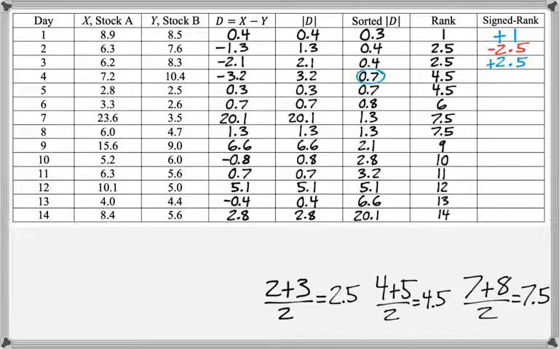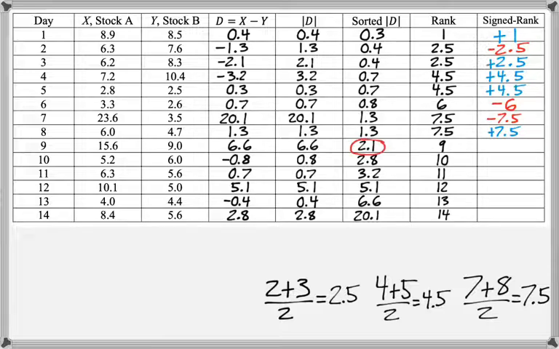Both 0.7s were positive, so these are both plus 4.5. 0.8 was originally negative, so this is a negative 6. One of the 1.3s was negative, and the other was positive. So we have a negative 7.5 and a positive 7.5.